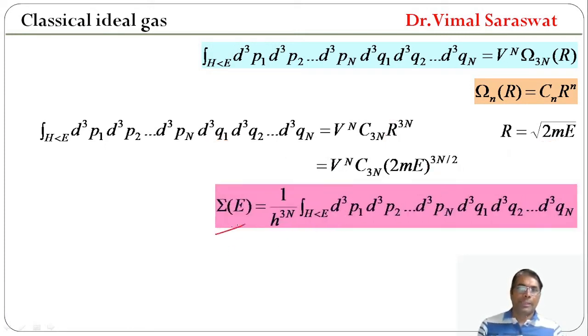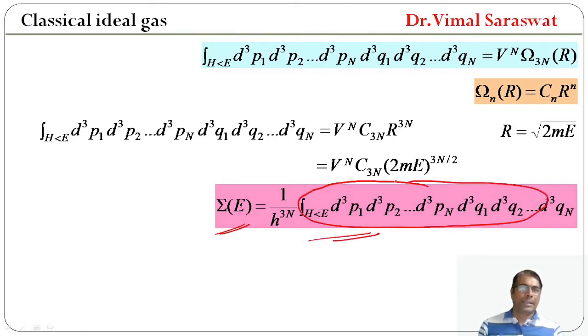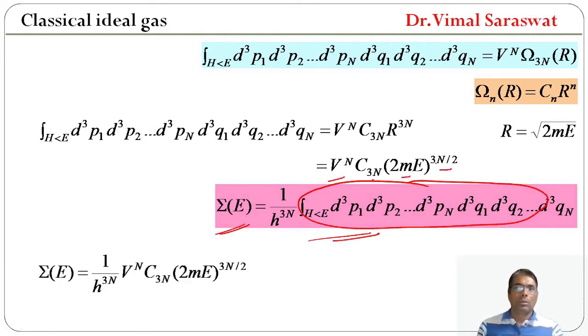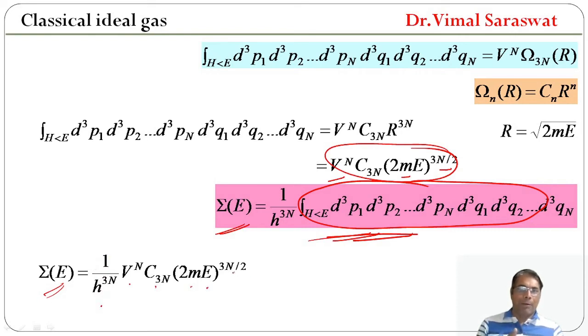Since sigma E is this one, and this is equal to V raised to n C3n (2mE) power 3n/2, we replace this term with this one, and therefore sigma E is equal to 1 upon h raised to 3n V raised to n C3n (2mE) power 3n/2.